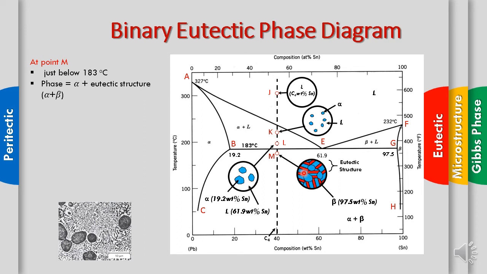The microstructure produced has a beta value from the projection of the line here until this line, which is 97.5, so we put it here. For the eutectic alpha, the value is 19.2, which we can get from this point.